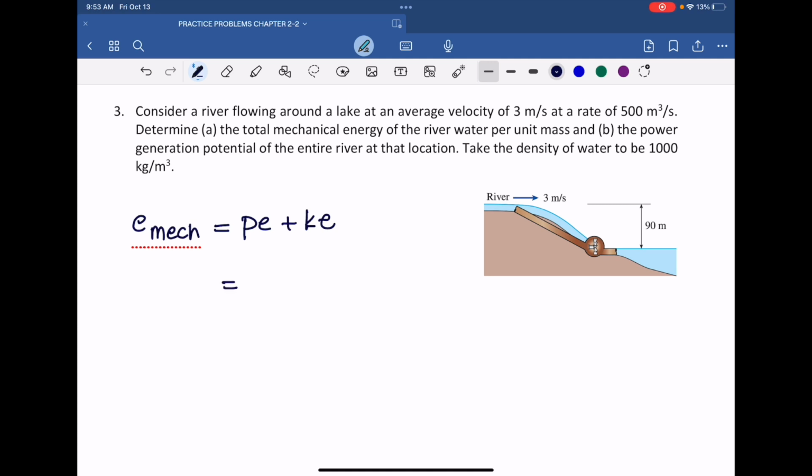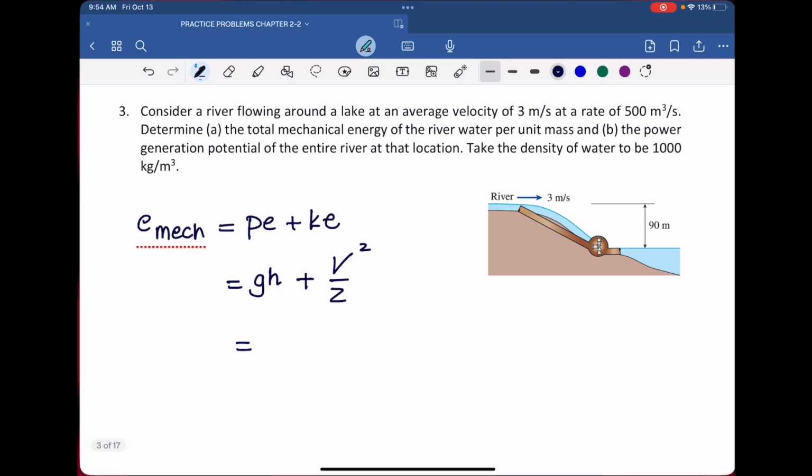Potential energy per unit mass, we know that it is g times h, in this case 90 meters. And kinetic energy per unit mass is velocity squared over 2. Remember, always when we are dealing with potential and kinetic energies, we need to use a unity conversion ratio, because our calculations will give us the unit of meters squared per second squared, but we are looking for the energy per mass unit, right?